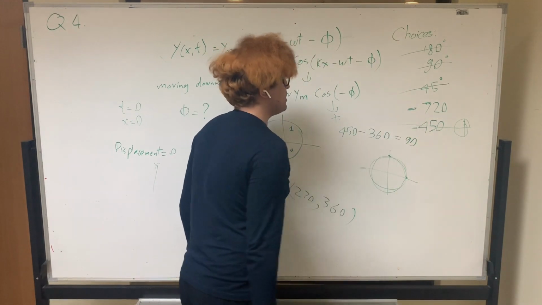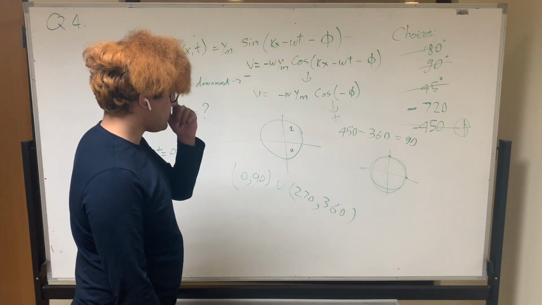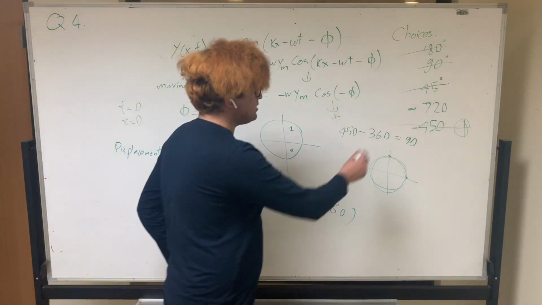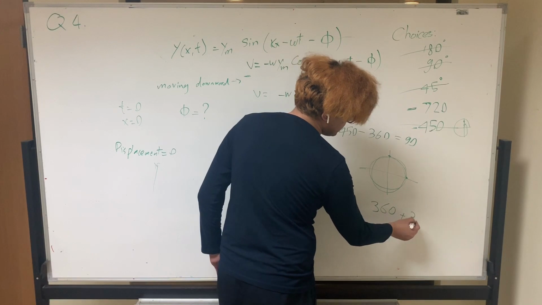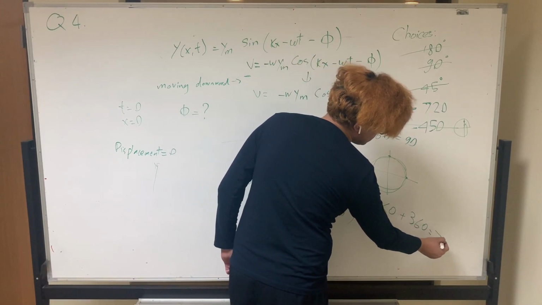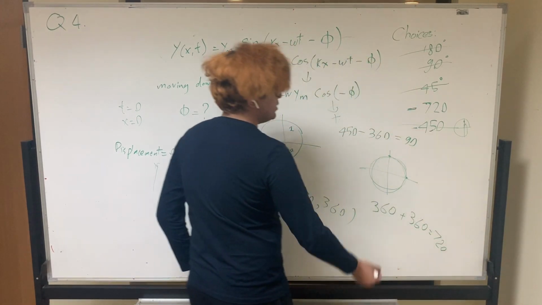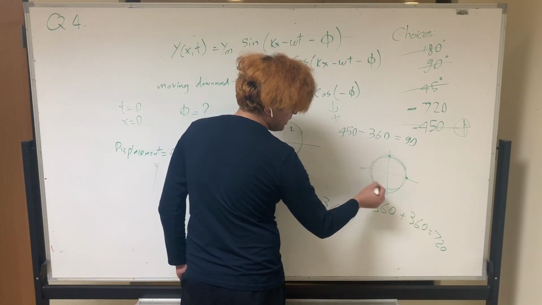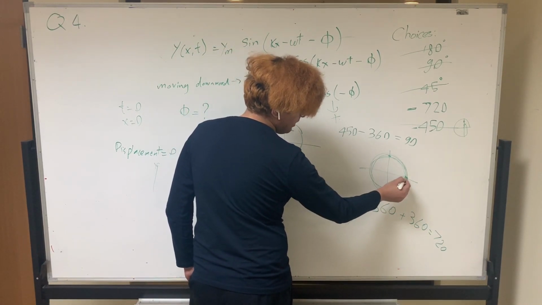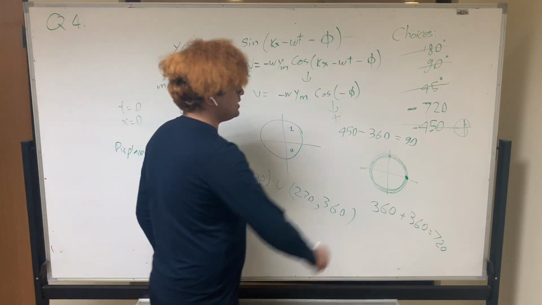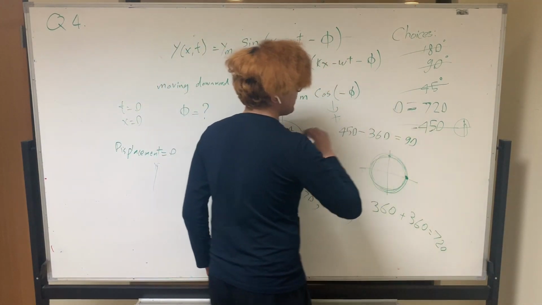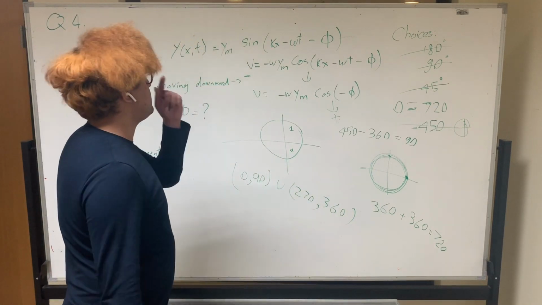Now for this number, 720. 720 is basically 360 plus 360. That's going to give you 720, which means we go from here, make a full cycle, and then we go again and stop here. So this is equal to 0 degrees.